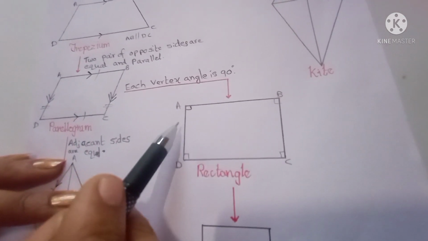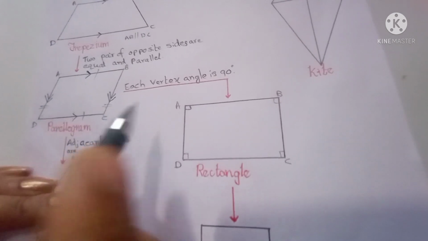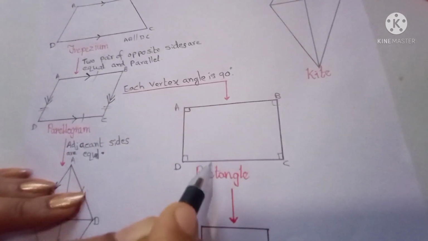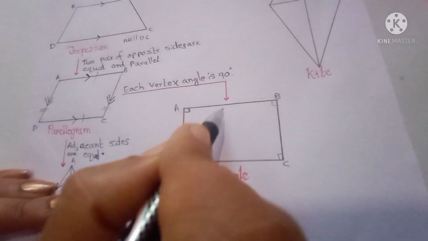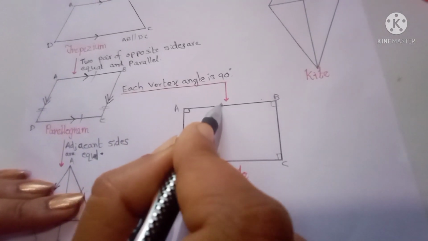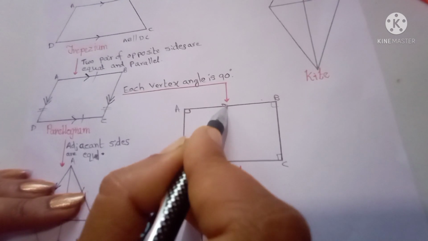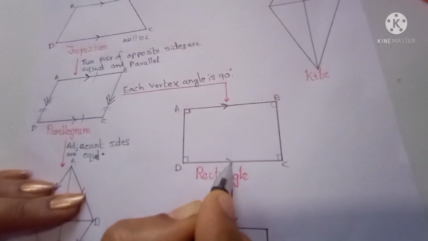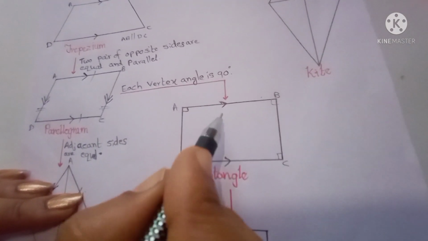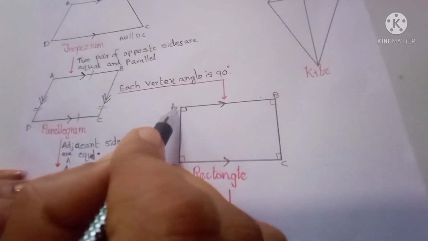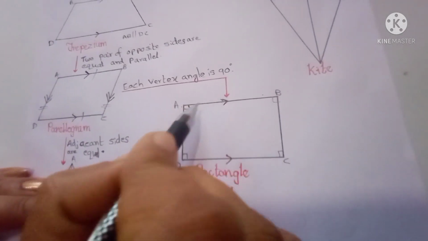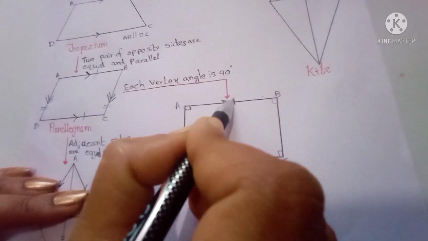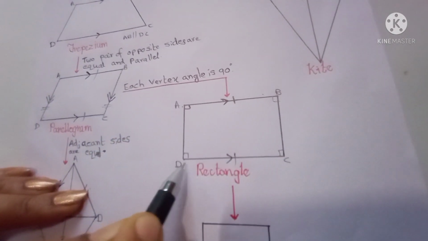Same basic properties of a parallelogram. Opposite, this side will be equal and parallel to this side. Parallel means we use an arrow like this. AB parallel DC and AB equal to DC.